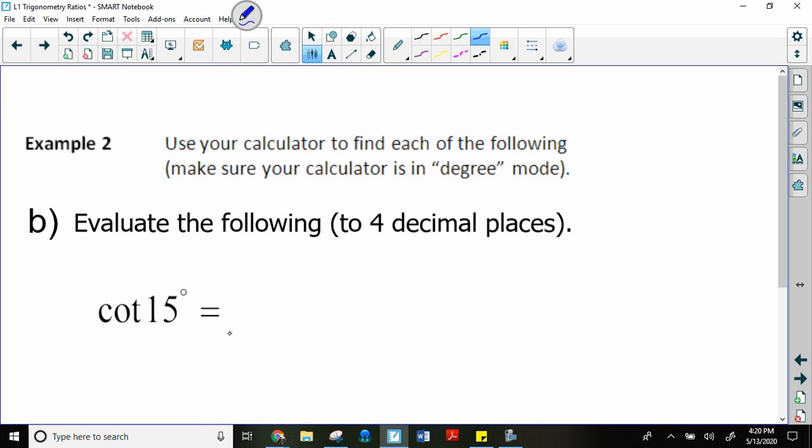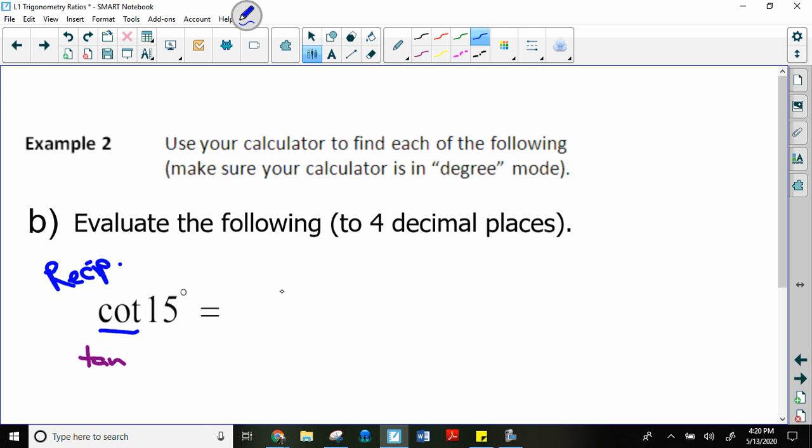Well, okay, now let's get crazy right off the bat. Our second one, we look at and say, okay, this is a reciprocal, which means it is the flip of tan. So we have to recognize the reciprocal here is tan.